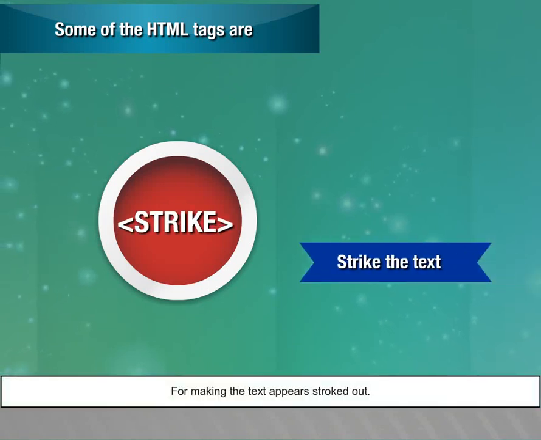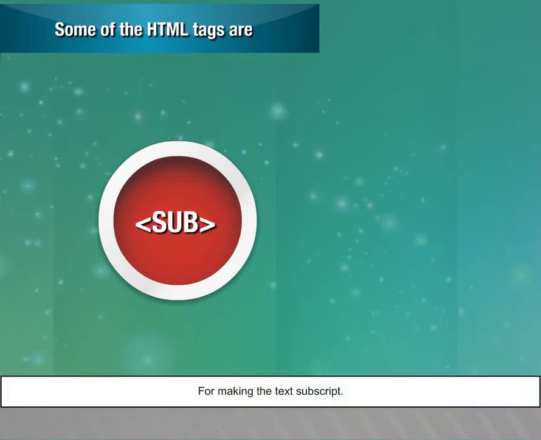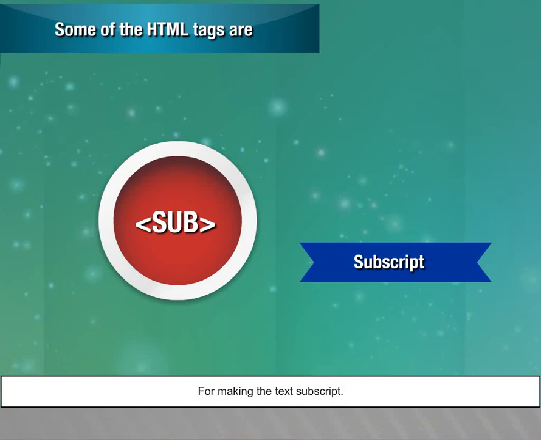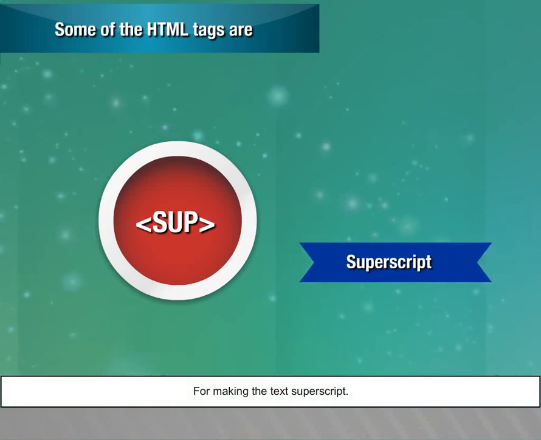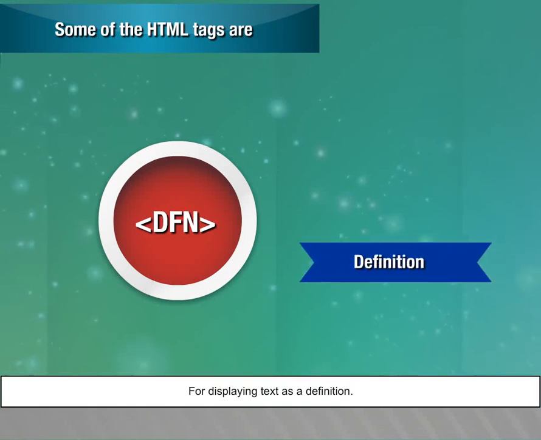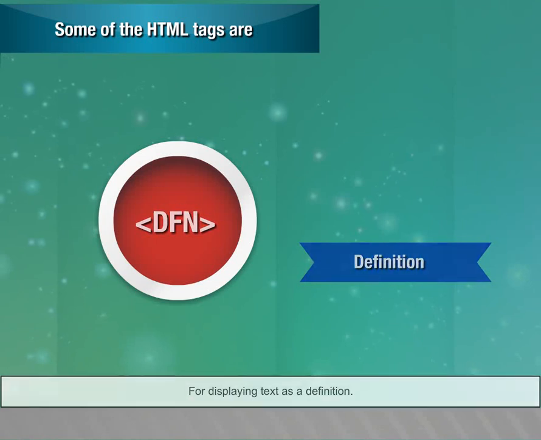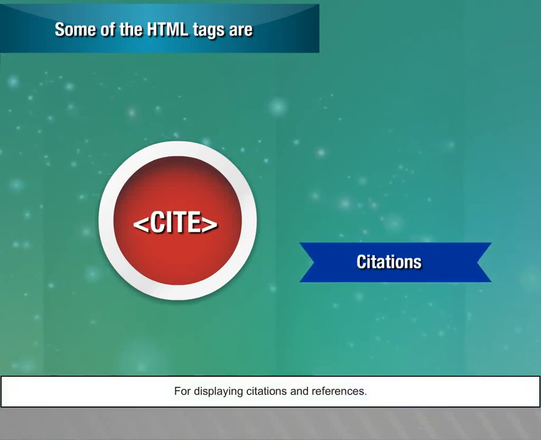Strike, for making the text appear stroked out. Sub, for making the text subscript. SUP, superscript, for making the text superscript. DFN, definition, for displaying text as a definition. CITE, citations, for displaying citations and references.